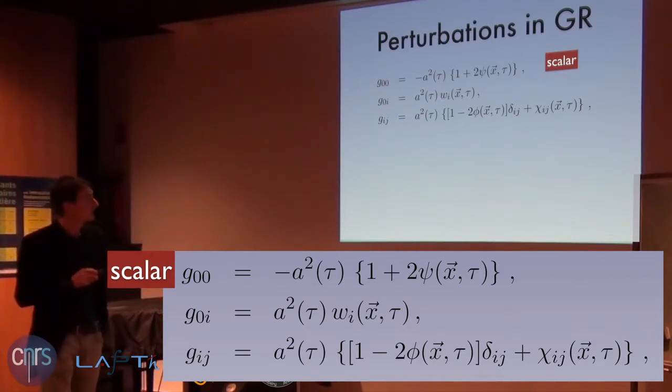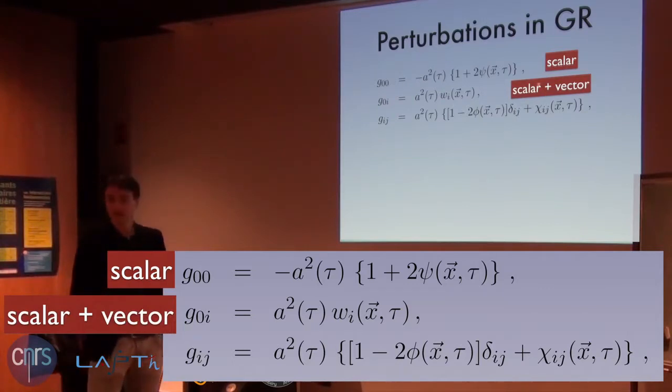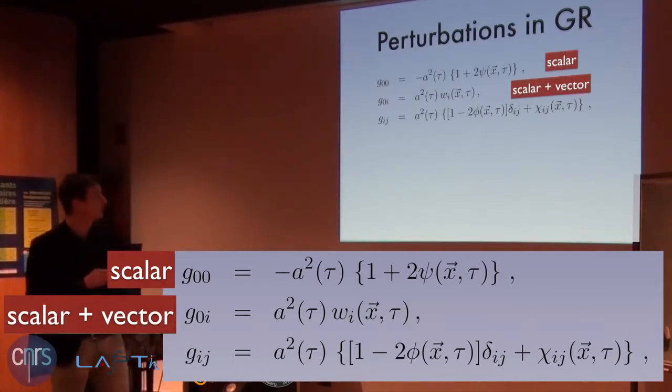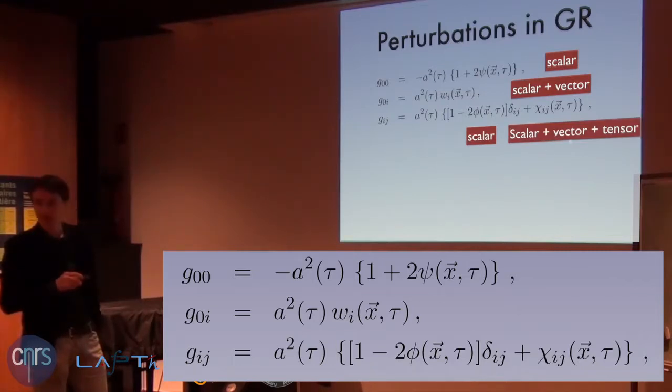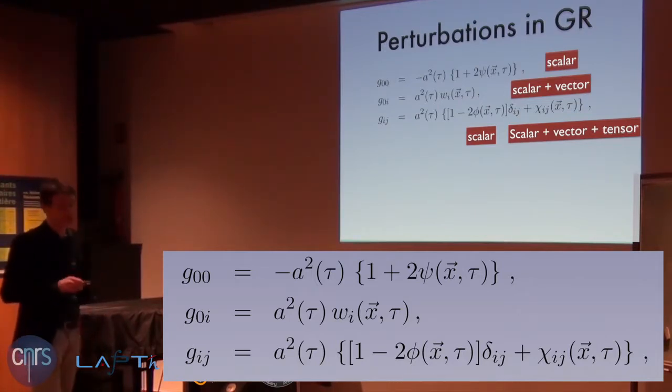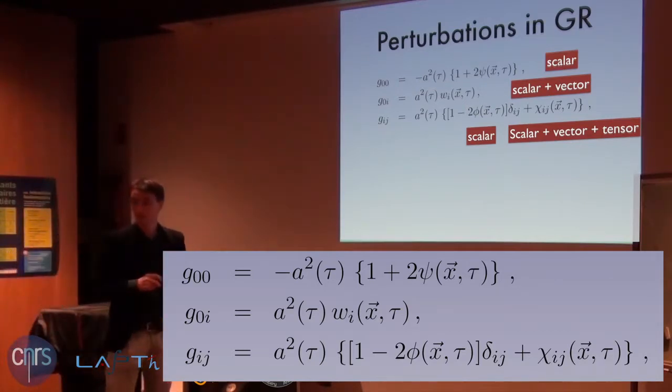Here we have a scalar term, here we have a term that can be decomposed into the gradient of a scalar and a pure vector, and here we have a term in the spatial part of the metric which contains a pure scalar term and a term that can be decomposed into scalar, vector and tensor terms. So this is the time component of the metric, this is the time-space component of the metric, and this is the spatial part of the metric. These are all the perturbations that you can get in general relativity: scalar, vectors and tensors.